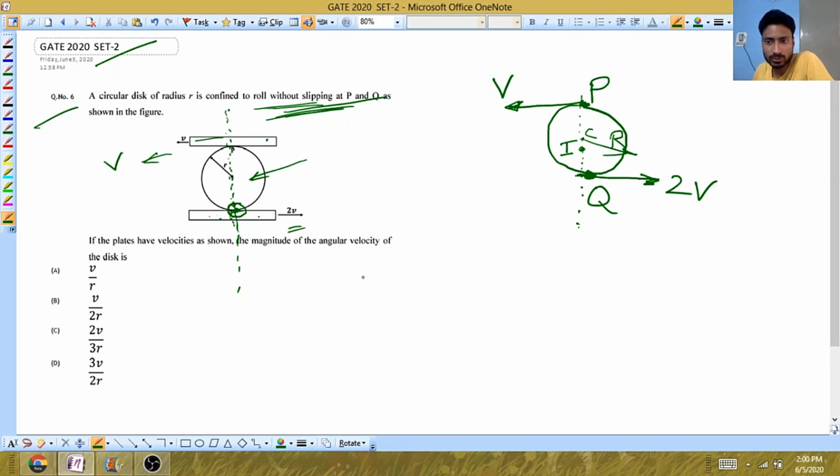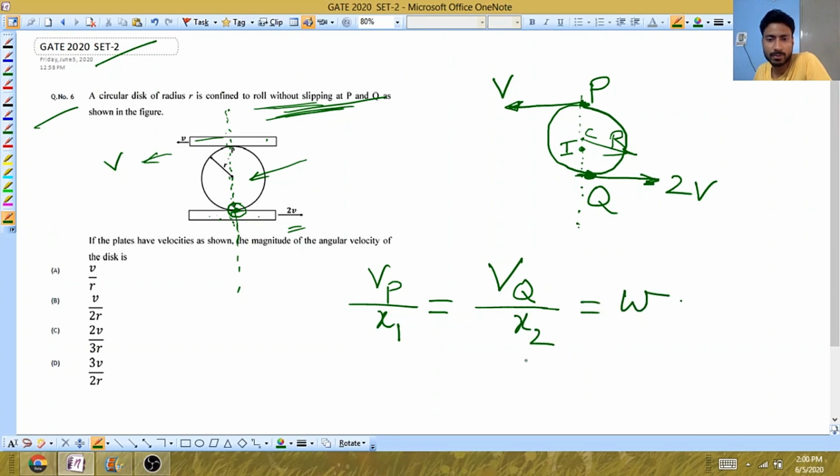Now you just need to do velocity of point P divided by distance of this point from the I-center, and this will be the same as velocity of point Q divided by distance of this point from the I-center, and this will be the same as omega. It's a pure rotation, so that's why we can use this concept v equals omega into distance.